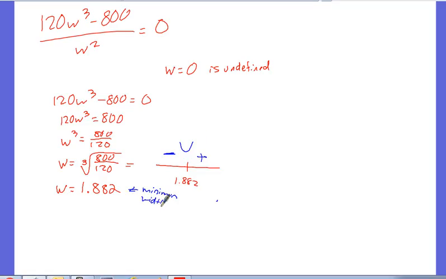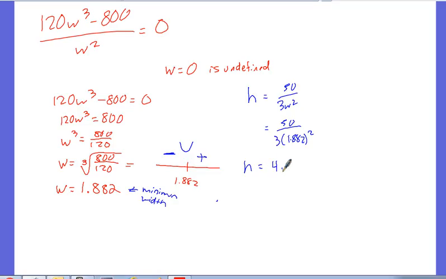Well, how am I going to find the rest? We already know that height is equal to 50 over 3w squared, so find me the height. Four point what?